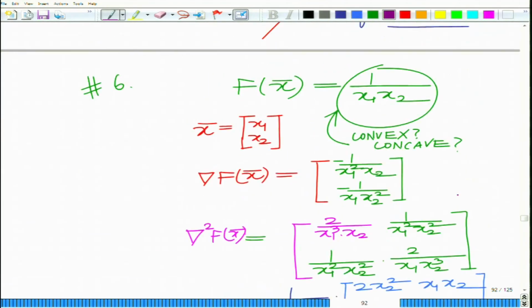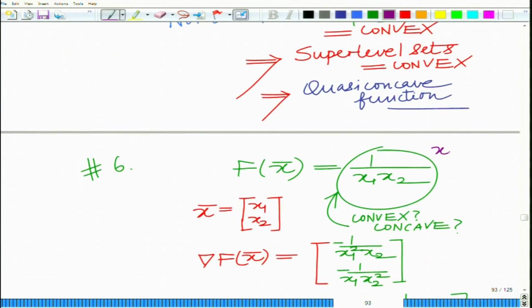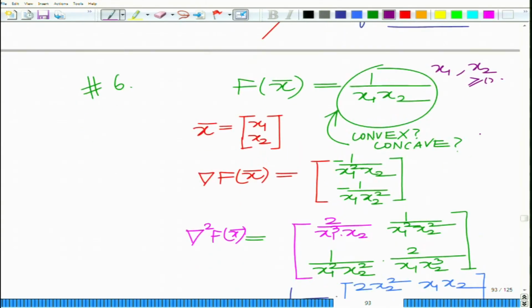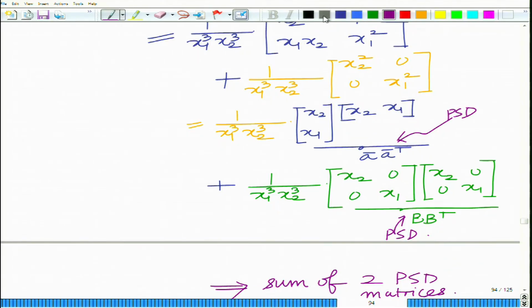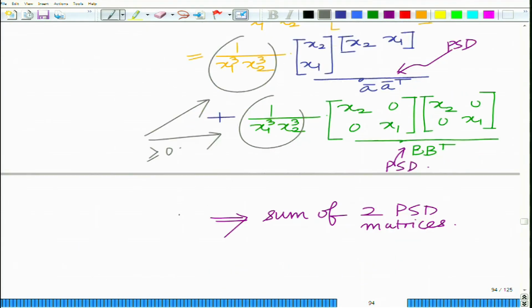Remember that this is also only for x1 comma x2 greater than or equal to 0, which means these factors, that is, if you look at these factors, 1 over x1 cube, x2 cube are also greater than or equal to 0.